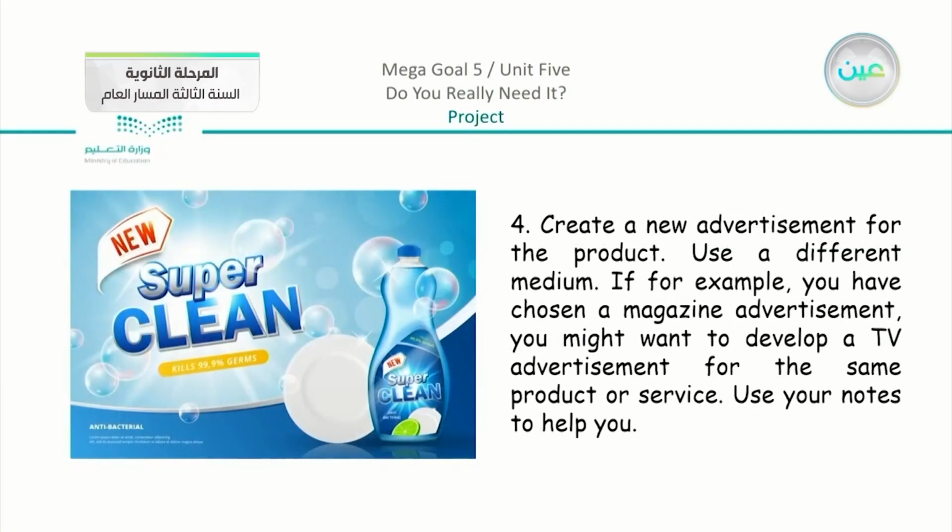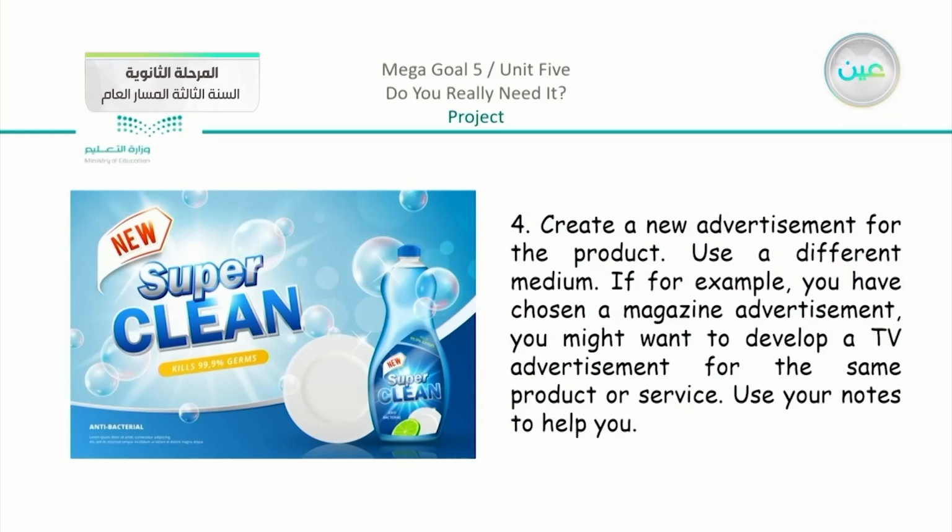We have here number 4. Create a new advertisement for the product. As we mentioned, we are going to create a new advertisement. Use a different medium. If, for example, you have chosen a magazine advertisement, you might want to develop a TV advertisement for the same product or service. Use your notes to help you.